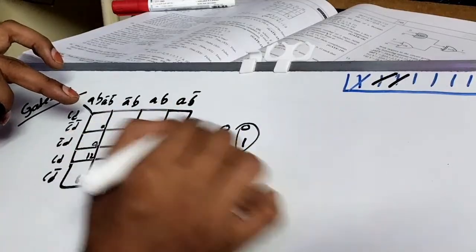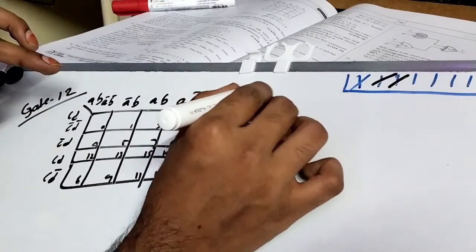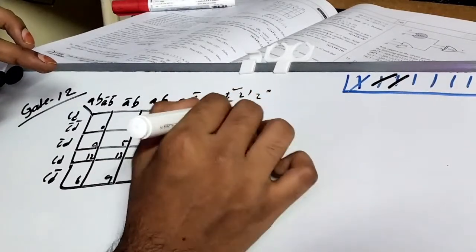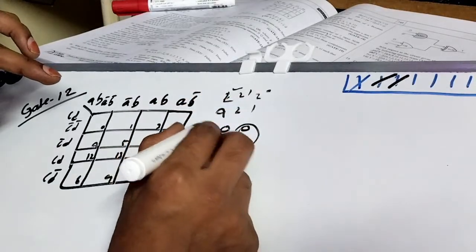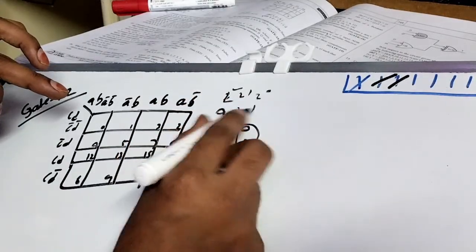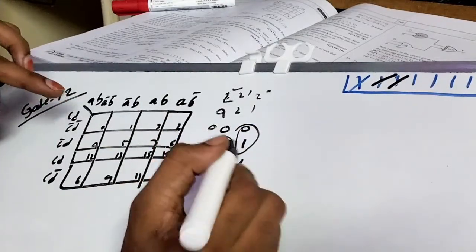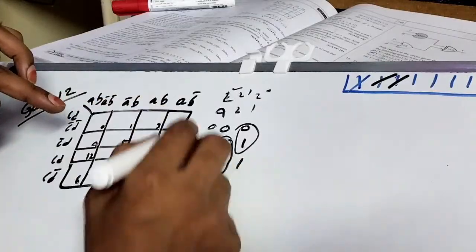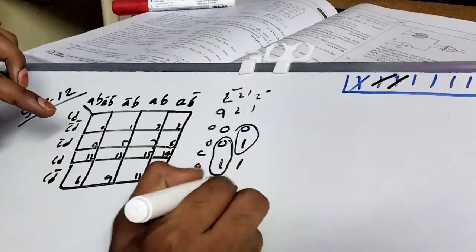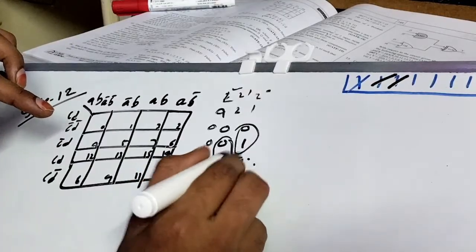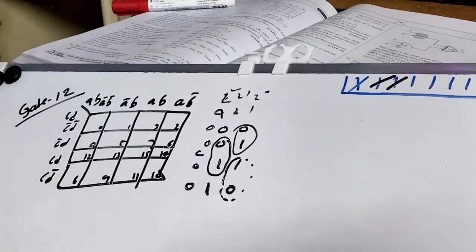Then 1 and 3: with 2 power 0, 2 power 1, 2 power 2, we can see they differ by only one bit. Likewise 2 and 0 differ by one bit. So it is called gray code, the gray code property.